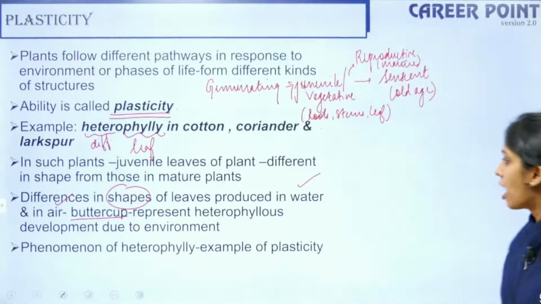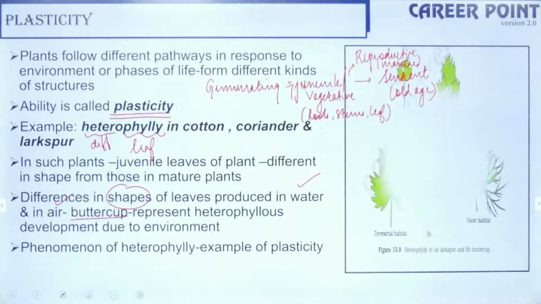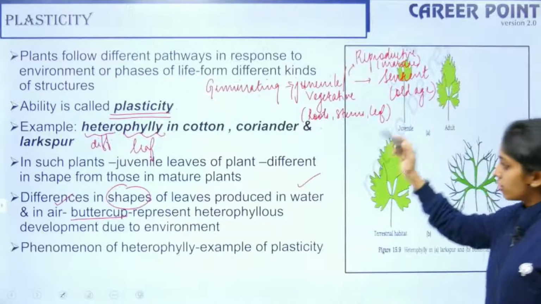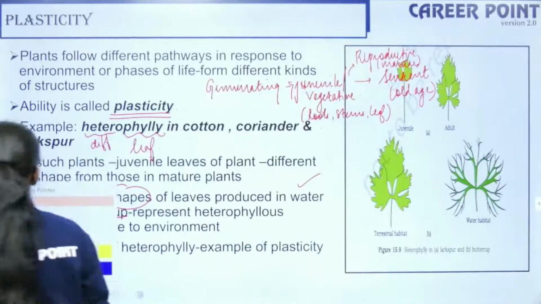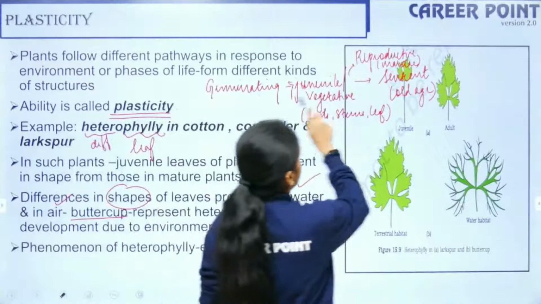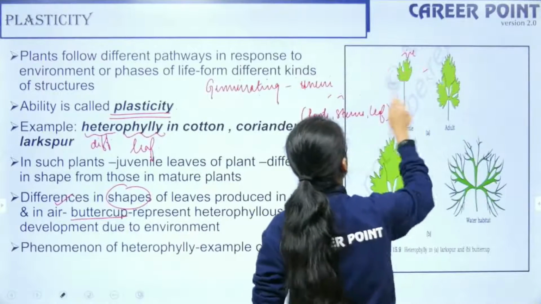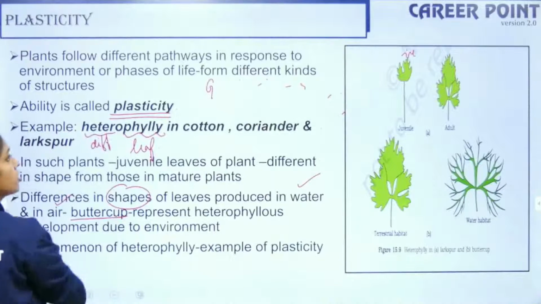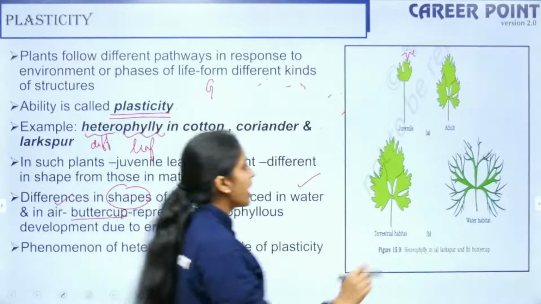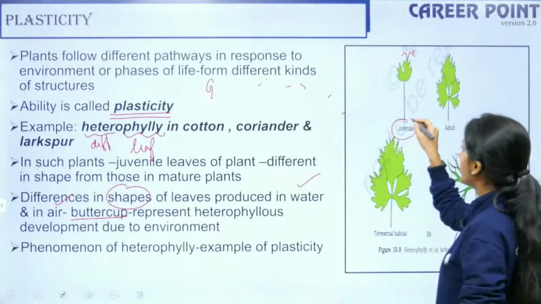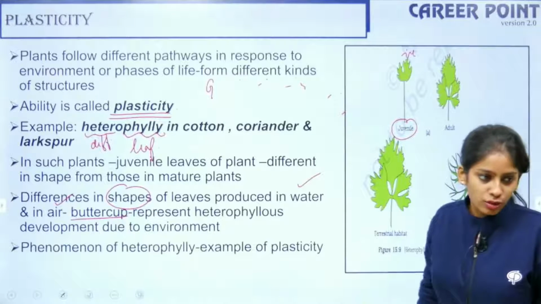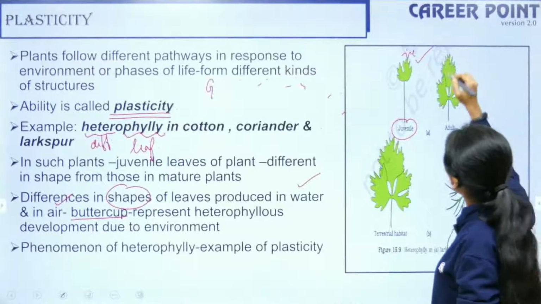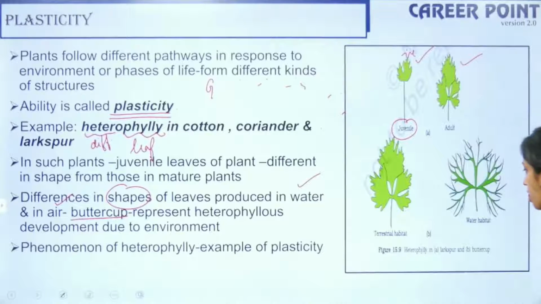Alright, yes. So I have a picture here. So can you see? Let me erase it. So can you see the structure? In case of a juvenile plant, that is your vegetative phase, you can say the teen age of the plant, this is the structure of the leaf. So this is the adult one. Okay.